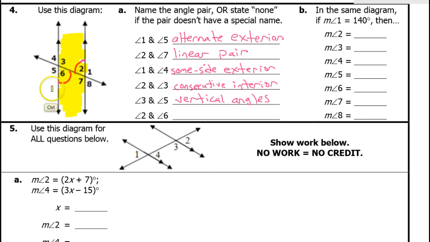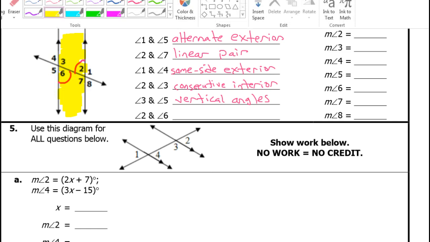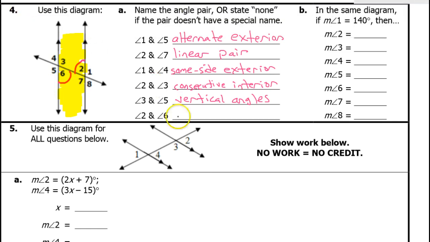But 2 and 6 are on opposite sides of the line. So not only are they interior, but they are alternate interior, because they are on opposite sides of that line.